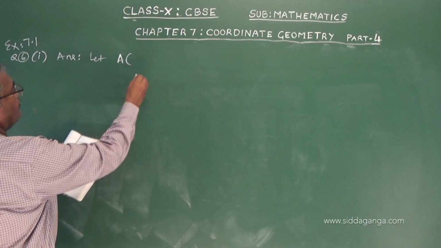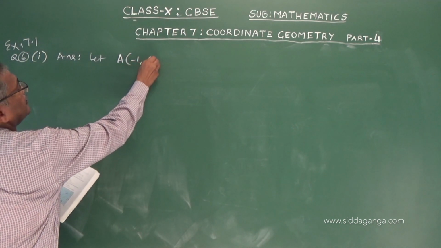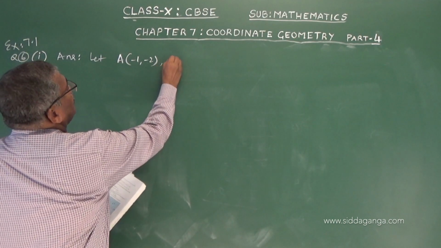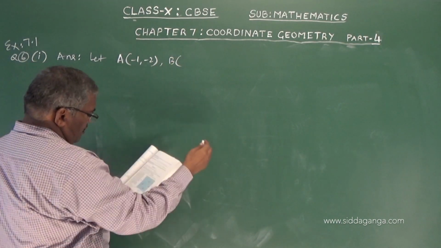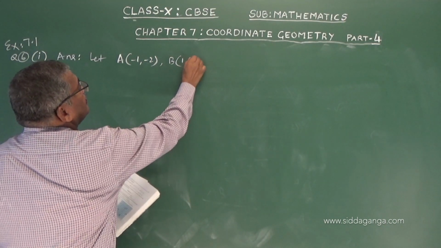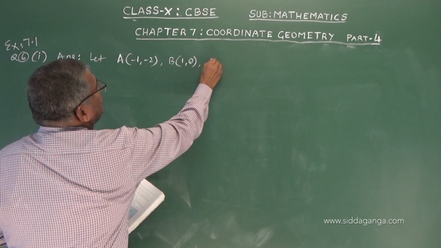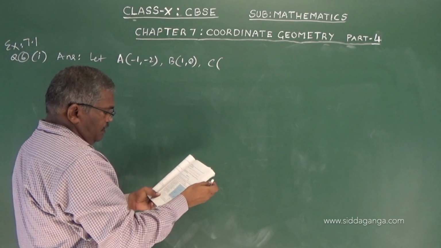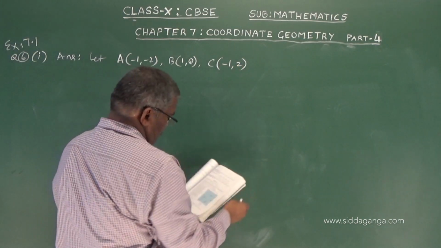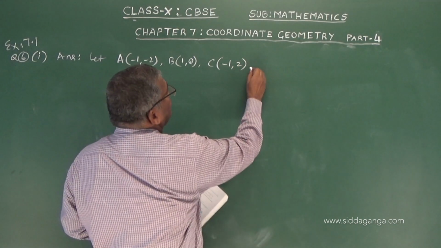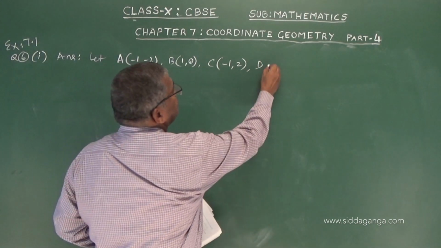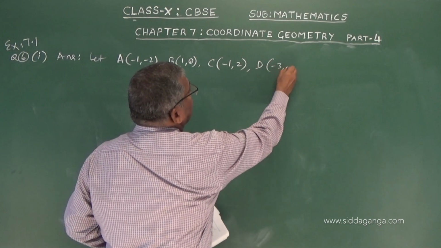I will take up straight away. -1, -2 is the first point, A. 1, 0, I will call it B. 1, 0, C, -1, 2, and the last point I will name as D, -3, 0.